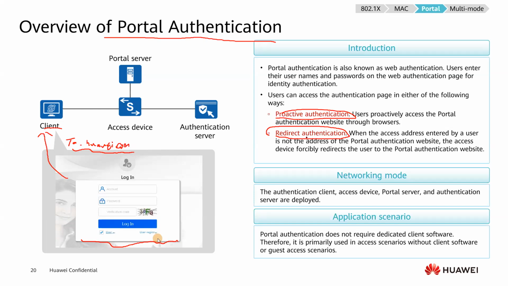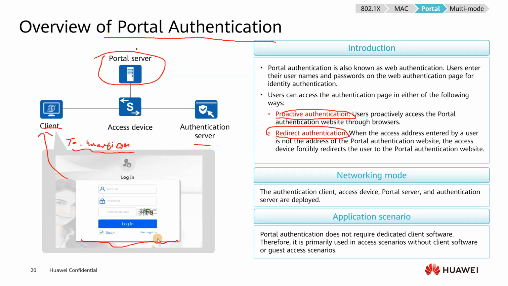The portal authentication architecture is different from MAC address authentication and 802.1x because it has four basic devices: the client, the access device, the authentication server, and a special portal server.